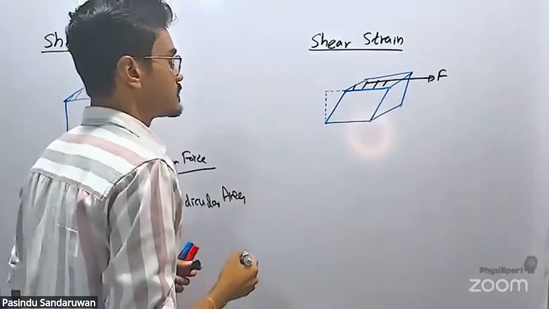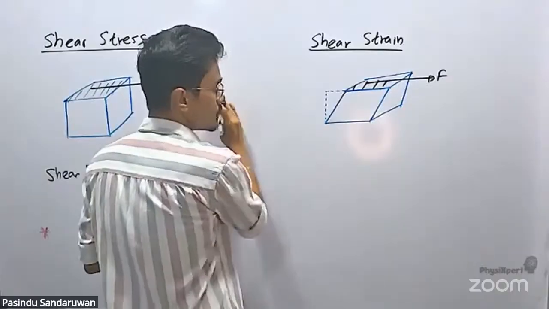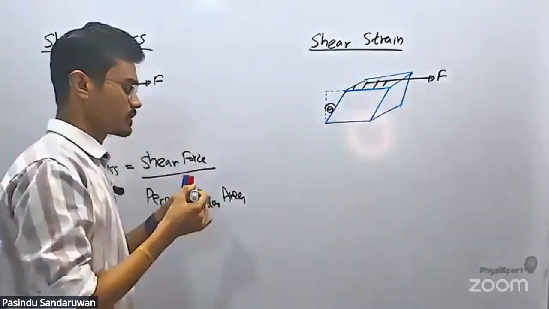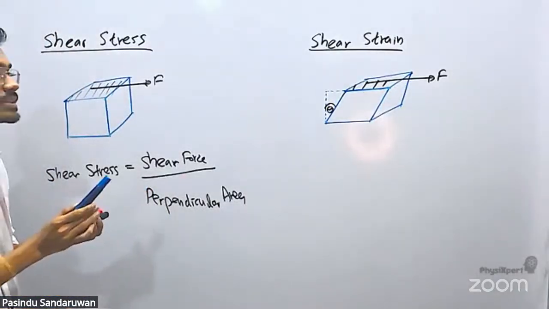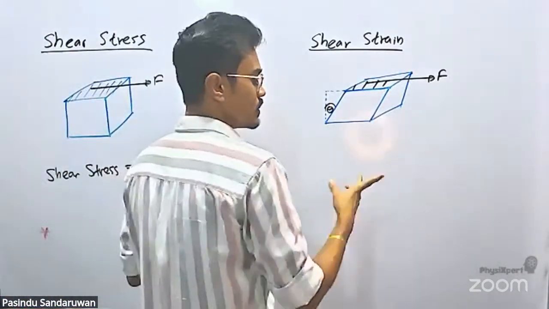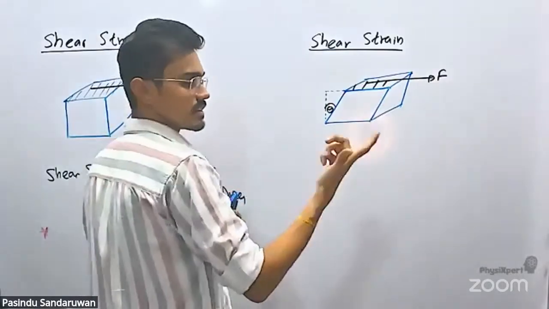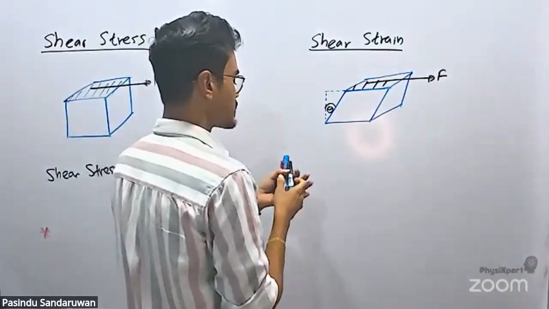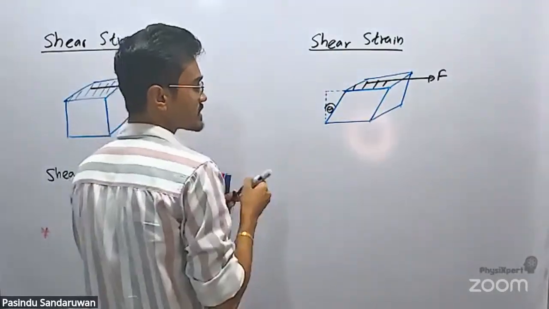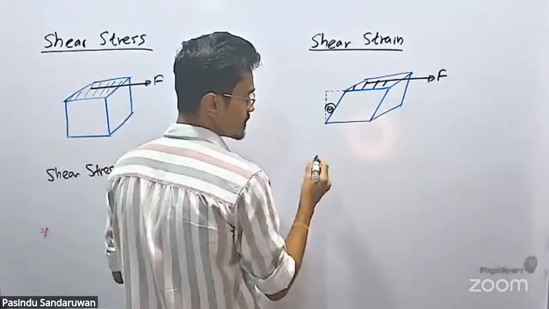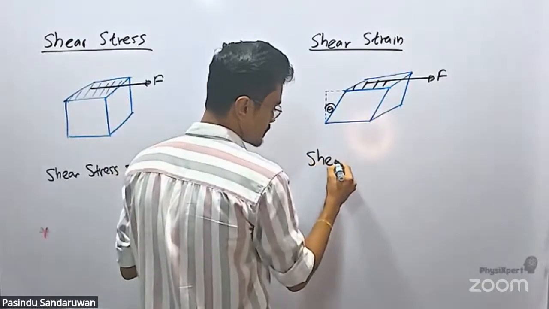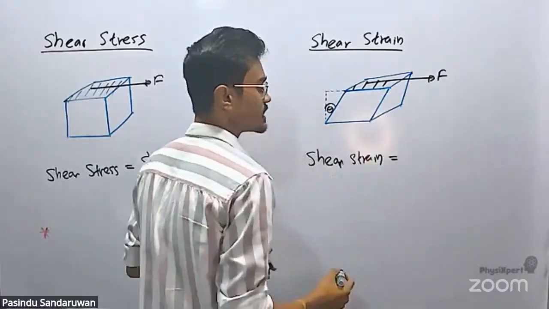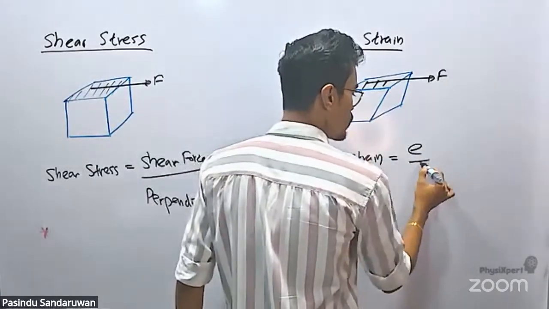Now, to measure this easily, we are going to measure this angle. We know any strain is extension over initial length. About the shear strain, that is also e over L, that is true.